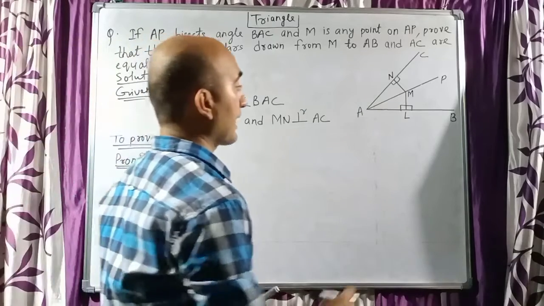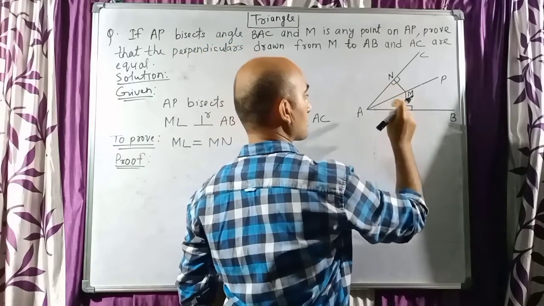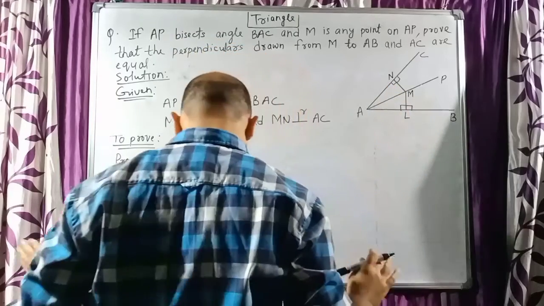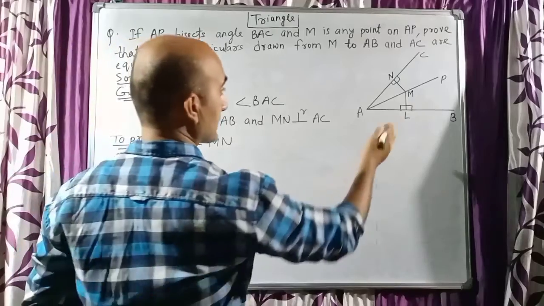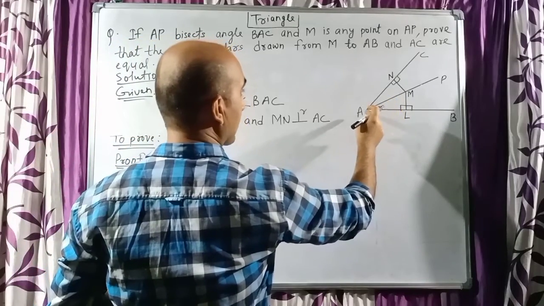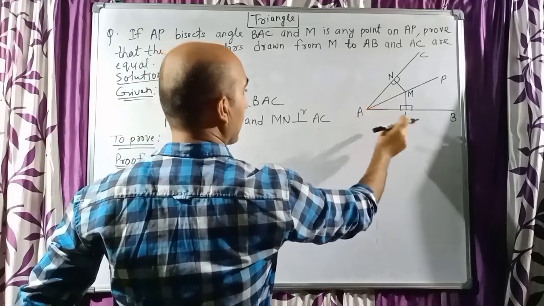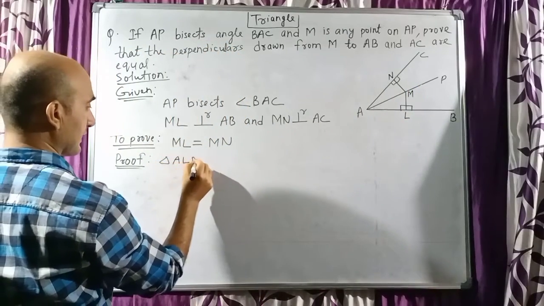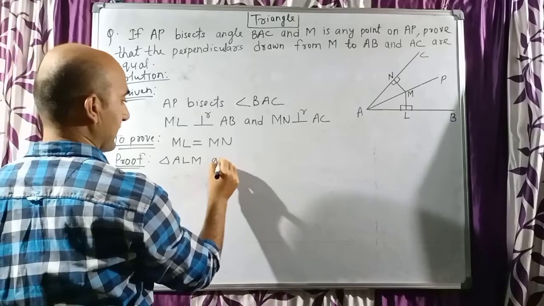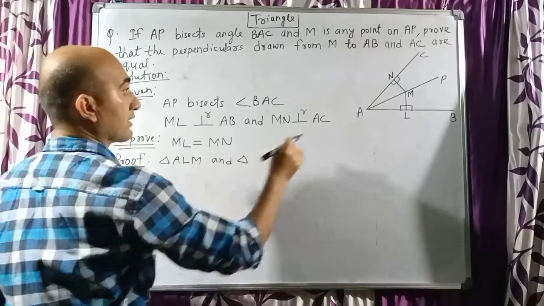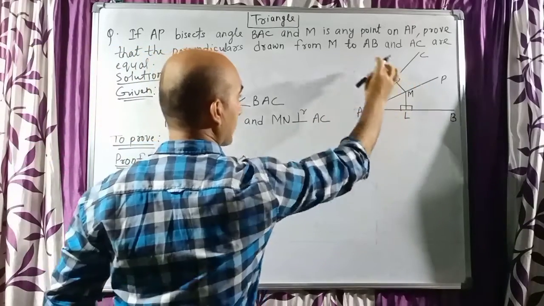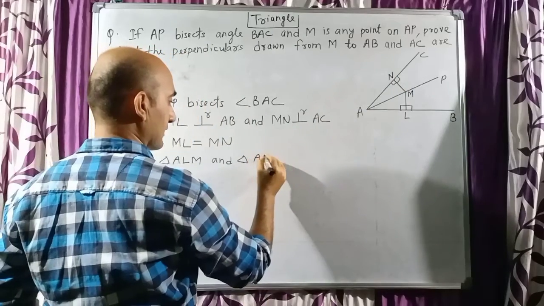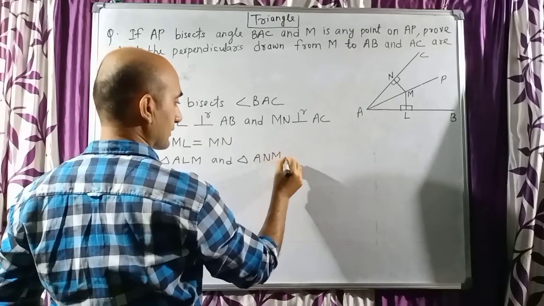For that, you know, there are two triangles formed. You write the names of both triangles, and automatically everything will be proved. The first triangle I will write as ALM, and triangle AMN or ANM, whatever.